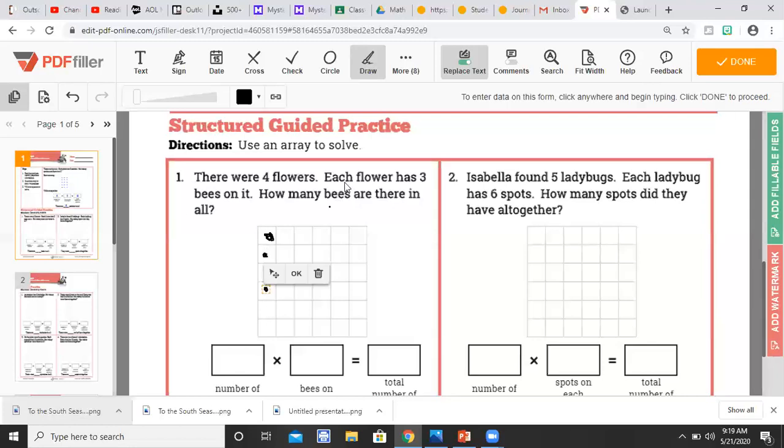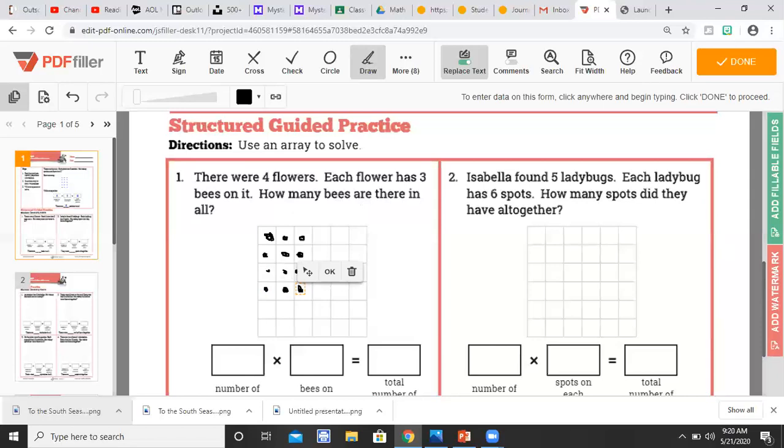Now I'm going to show that each flower has 3 bees. So that's 1 bee, 2, 3, second flower with 3 bees on it. My third flower has 3 bees. And then my 4th flower has 3 bees.